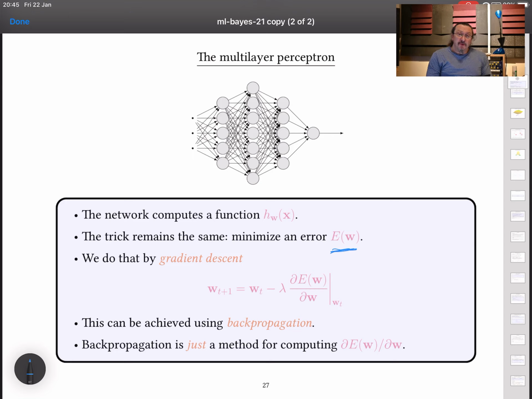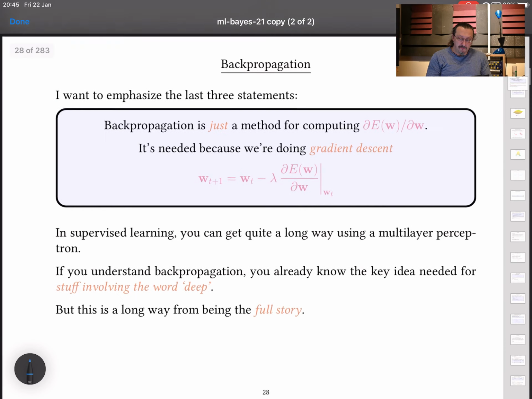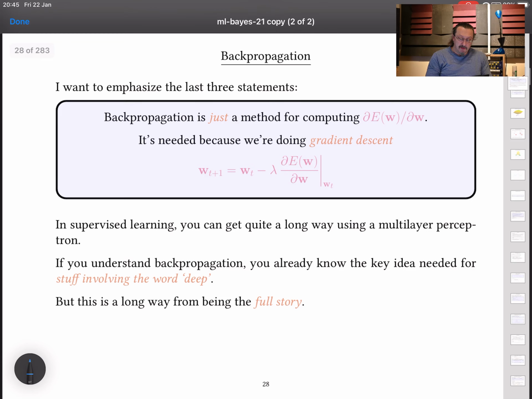But it's important to remember that backpropagation is just a method for computing the derivative, dE by dW. It generalizes and scales up to all manner of other things, but the underlying idea remains the same. I'm going to emphasize that even further. Backpropagation is just a method for computing a derivative.